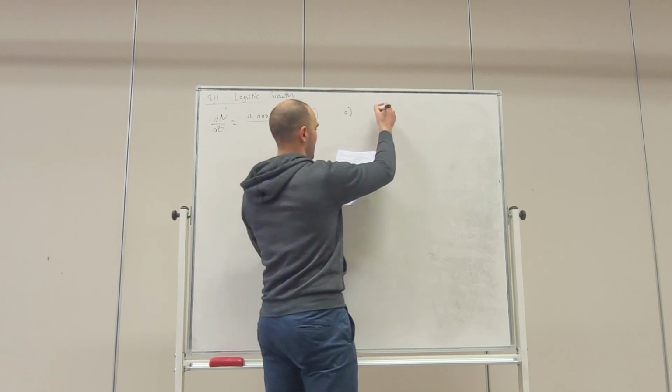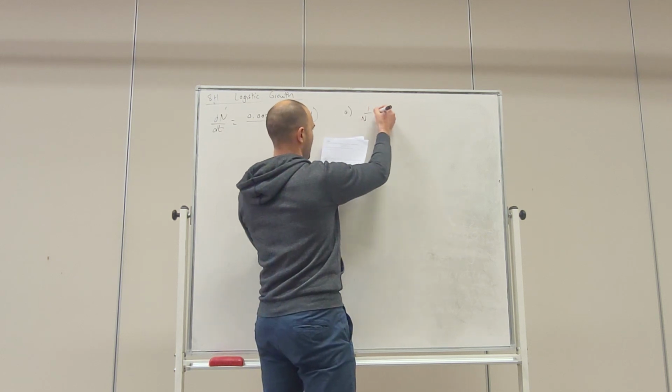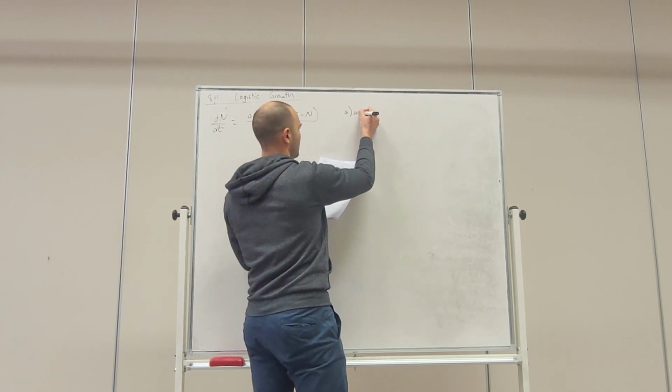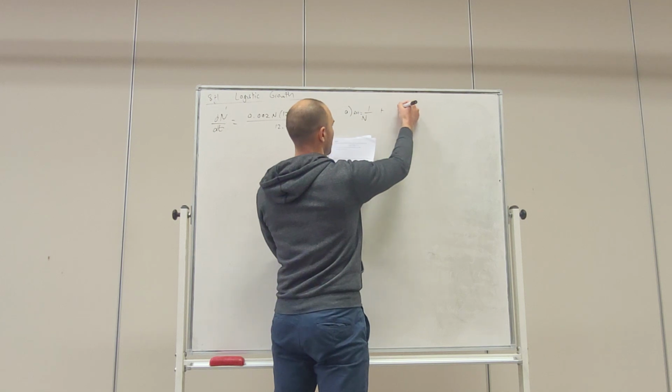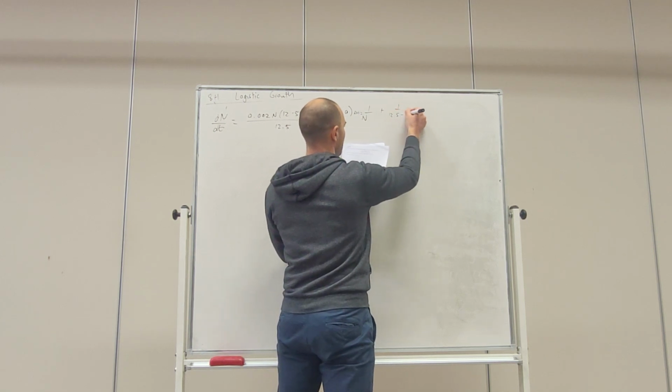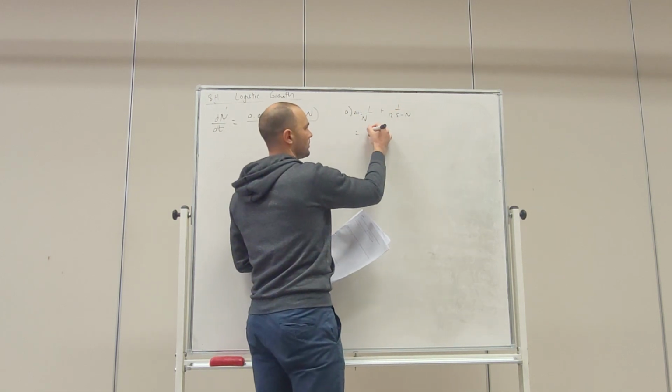Now I'm going to just start with the right-hand side. So make our argument. Right-hand side is this, 1/N + 1/(12.5 − N). Okay, cross multiply.